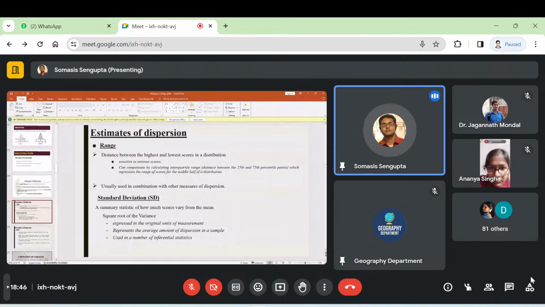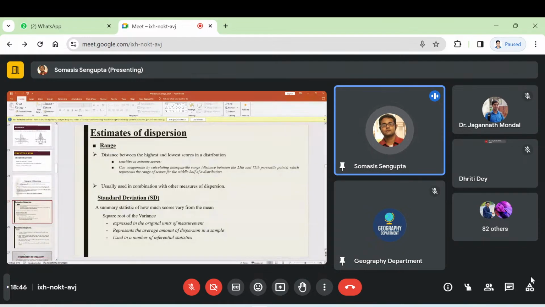Sometimes we use another range called interquartile range. What does it do? It takes the third quartile, just discussed earlier, and the first quartile, gets the difference, and that difference is divided by 2.